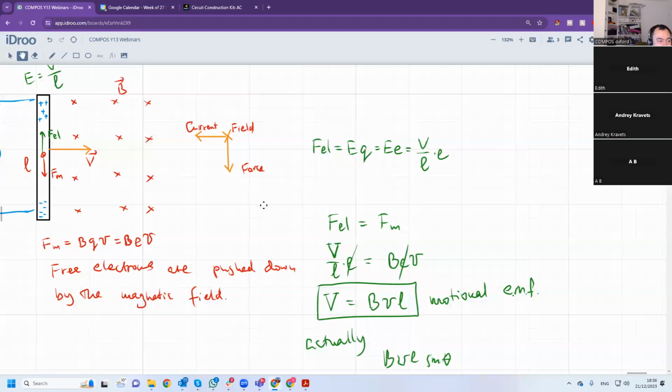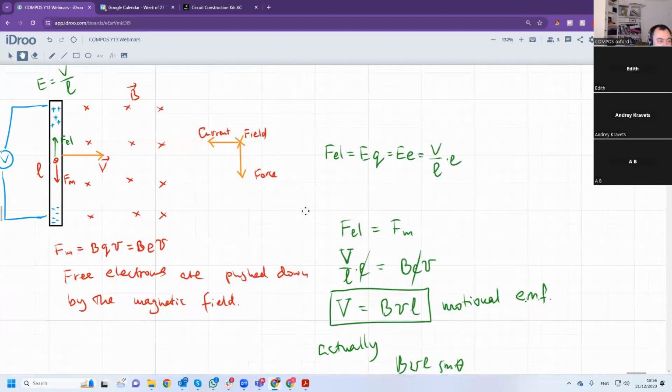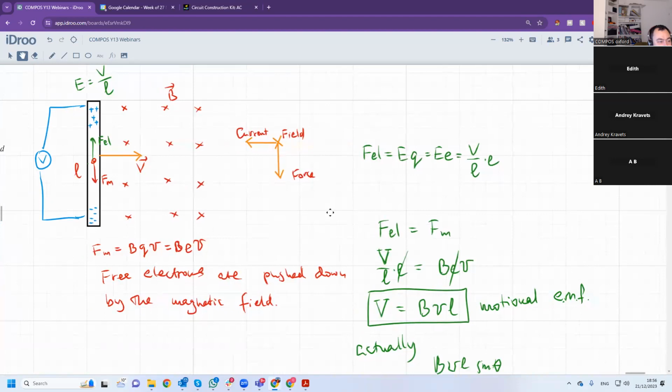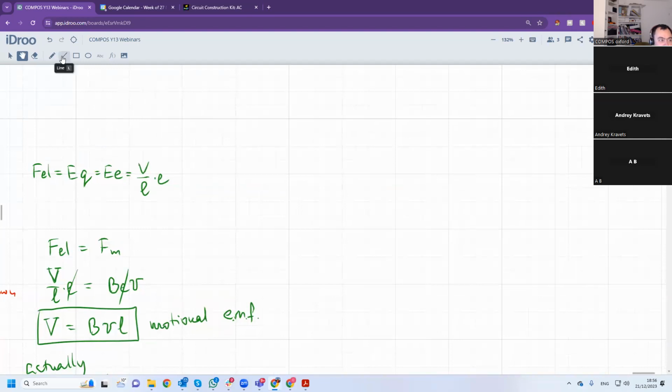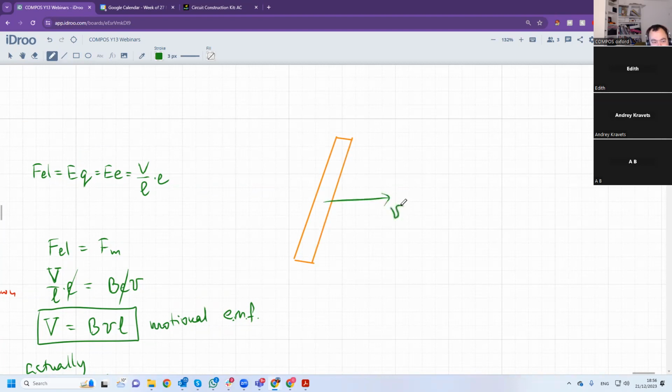If you have an angle between the velocity and the rod, for example, if the rod is like this and you're moving like this, this is the velocity and this is the length of the rod. Then that would be the angle, theta.